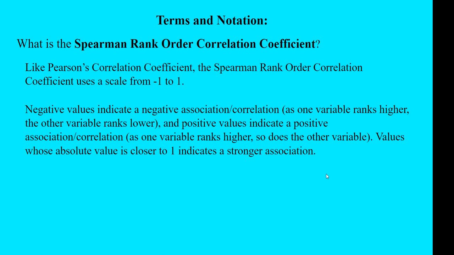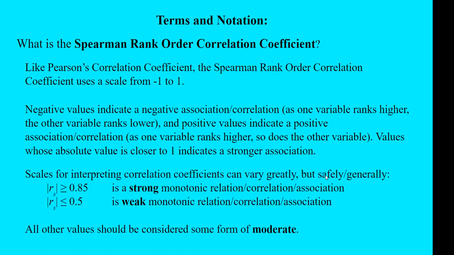And when we're close to 0, that's essentially no relationship or correlation existing here. If you go on the internet and look up scales for correlation coefficients, or even in textbooks, you're going to get a lot of different values as far as what people consider strong and what they consider moderate or weak. But a pretty safe way to interpret it is if our r sub s value is at least 0.85, greater than or equal to 0.85, that would indicate a strong monotonic relationship or correlation or association.